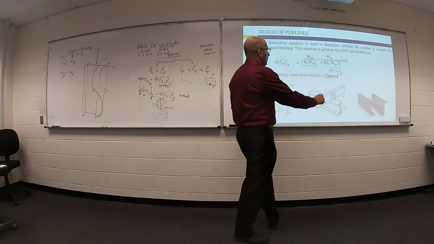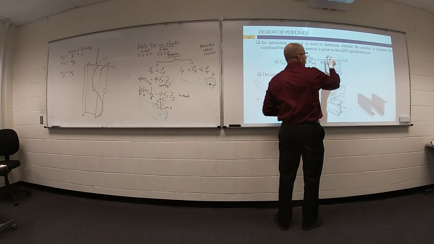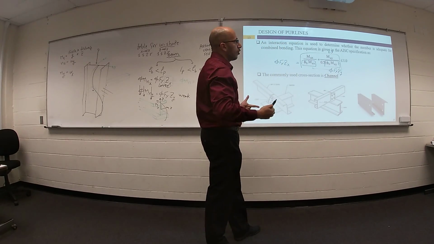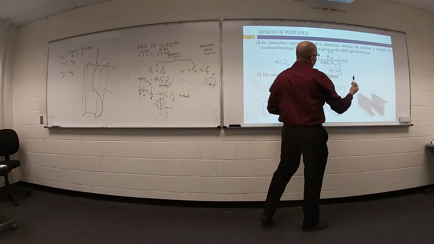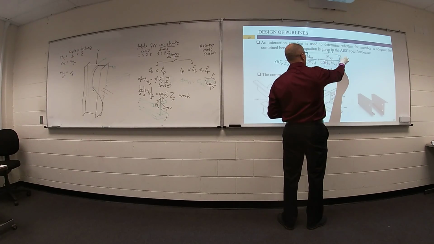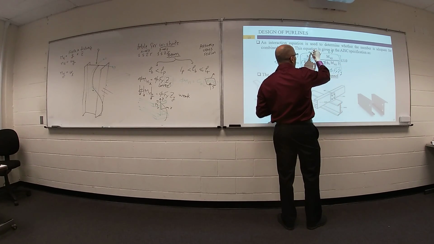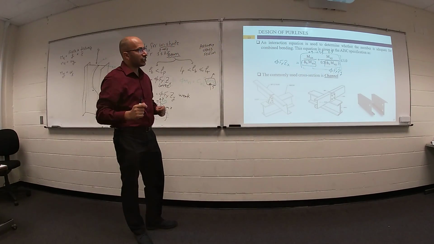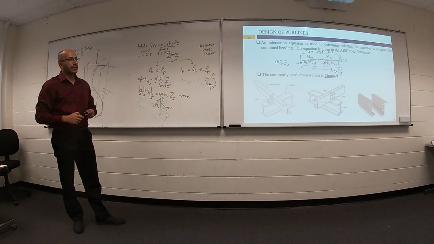If this value is far away from 1, like 0.3, that means your cross section is more safe. So the best scenario is this side around 0.9 to 0.95. That means you selected the best cross section for purlin.